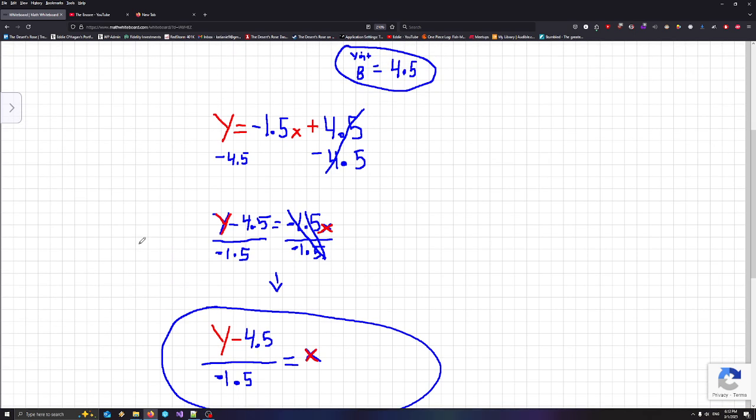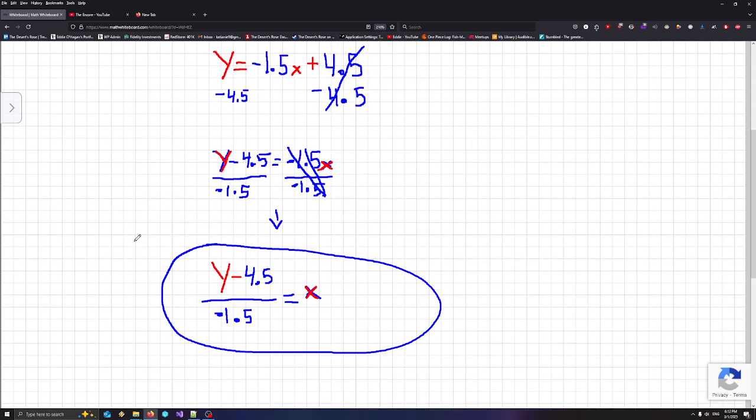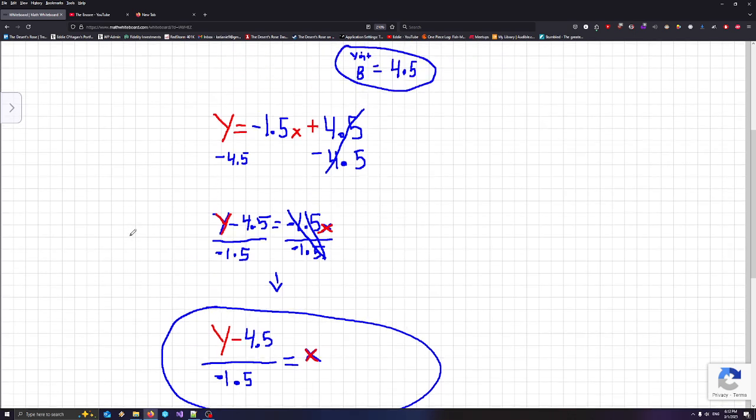But this is basically some of the... I just wanted to kind of make this video because I found this real world application to actually using the slope and the y-intercept stuff.